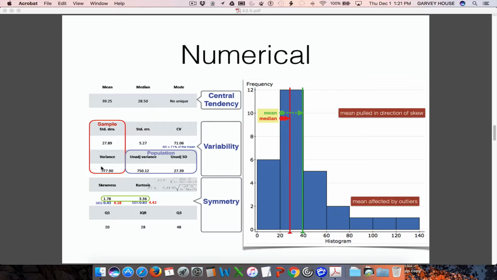They use n minus 1 to reduce the bias from small sample sizes. So, as the sample approaches the size of the population, you're going to see that some interesting things occur in terms of your sampling error and some other things.